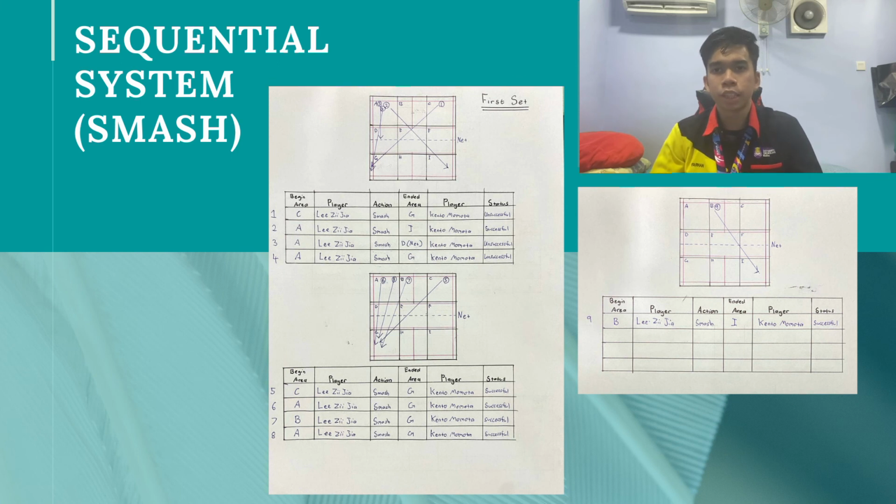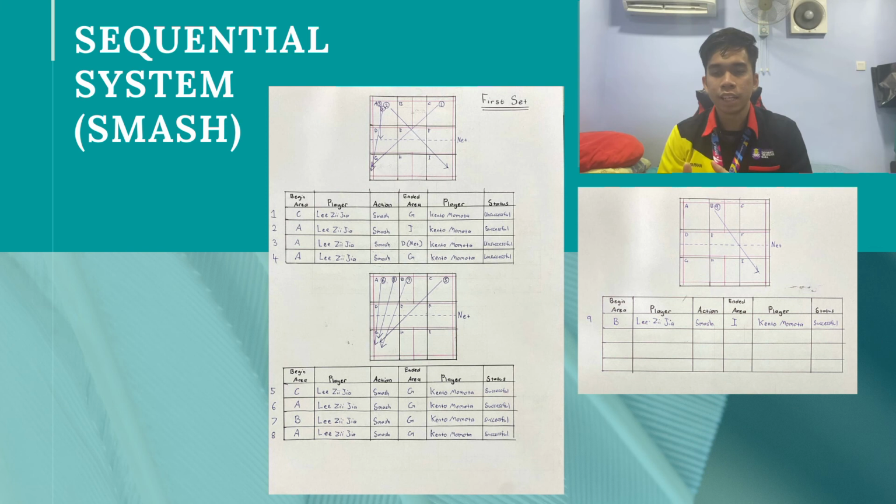But inside the sequential analysis, we want it to be more specific in terms of how the smash contributes to a point for Lizzie. So as we can see inside the sequential analysis, there are only 15 successful smashes. A successful smash is defined as when the opponent, Kento Momota, is not able to return the smash, or he returns it but the shuttlecock hits the net or goes outside of the court.